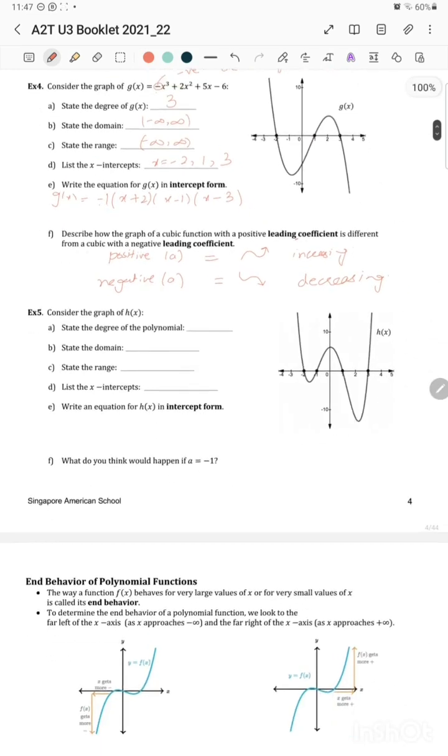Consider the graph of h of x. State the degree of the polynomial. 1, 2, 3, 4. Domain, range, x-intercepts.